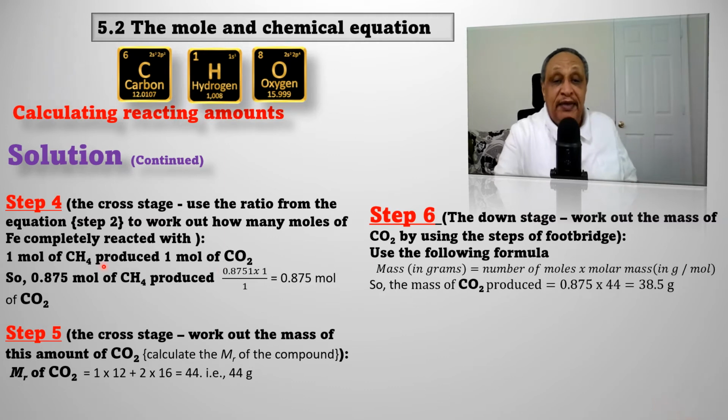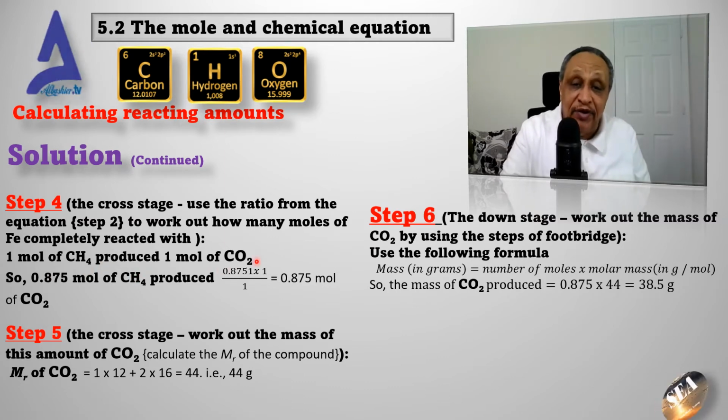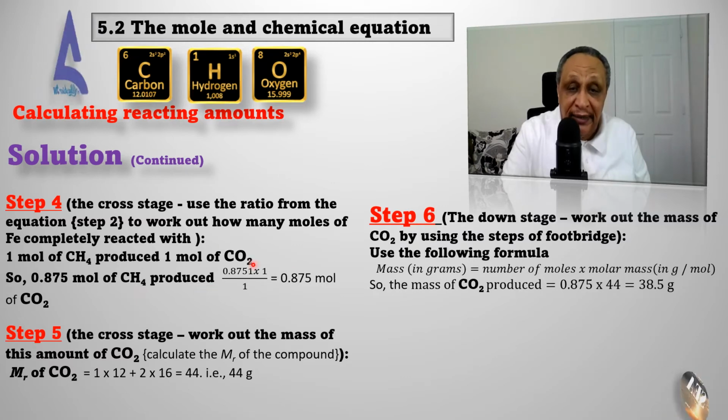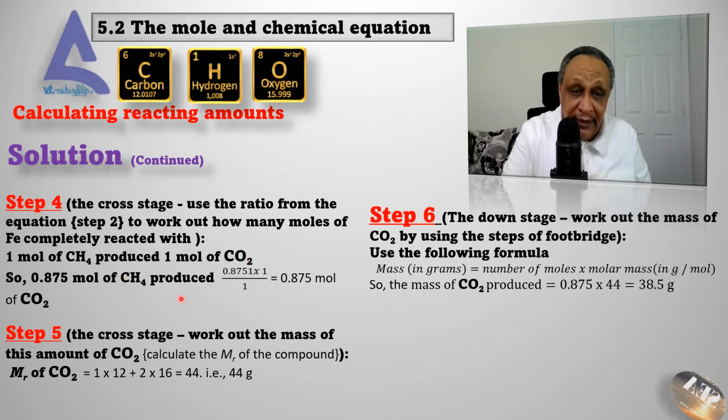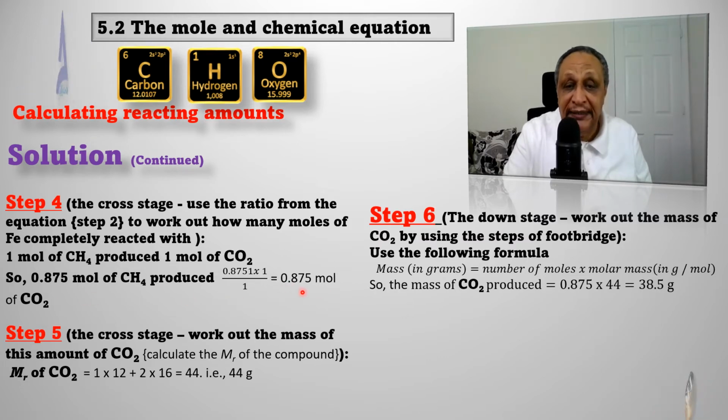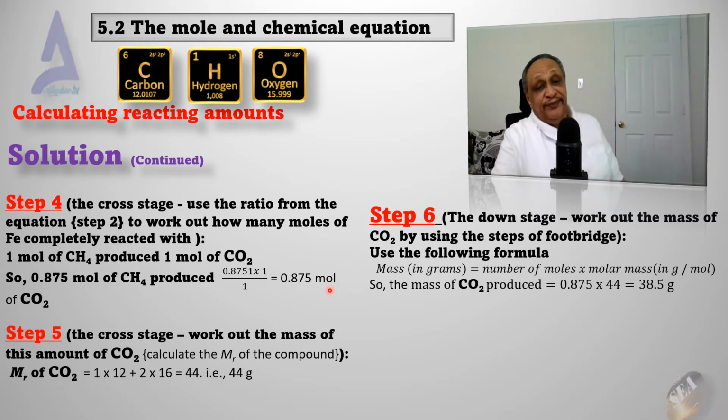Now, step 4, how much is produced by methane, the reactant. So again, because it is 1 to 1, it's going to be 0.875 moles.